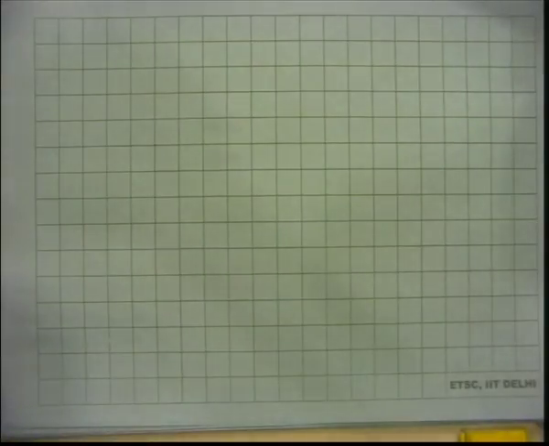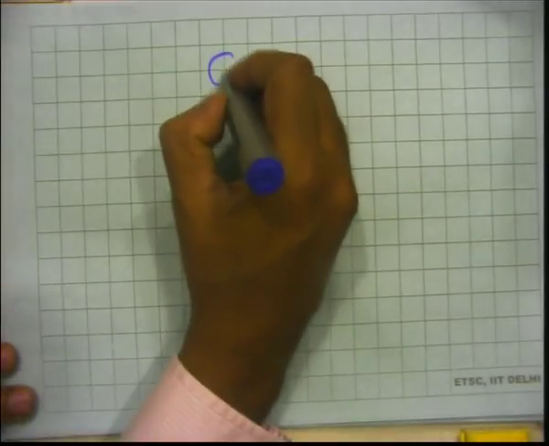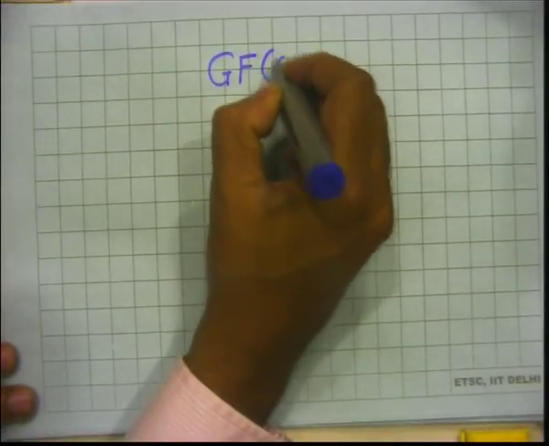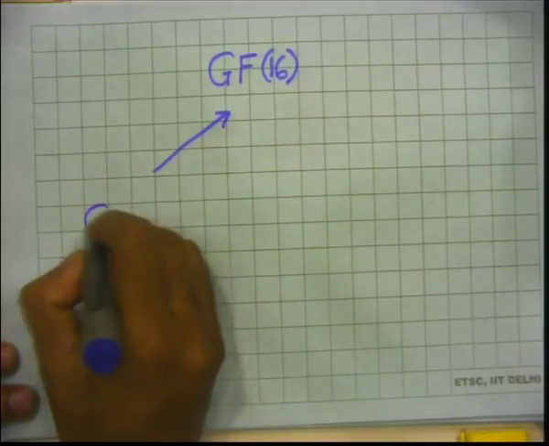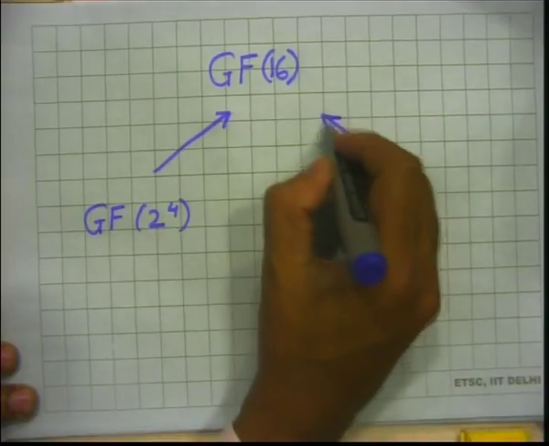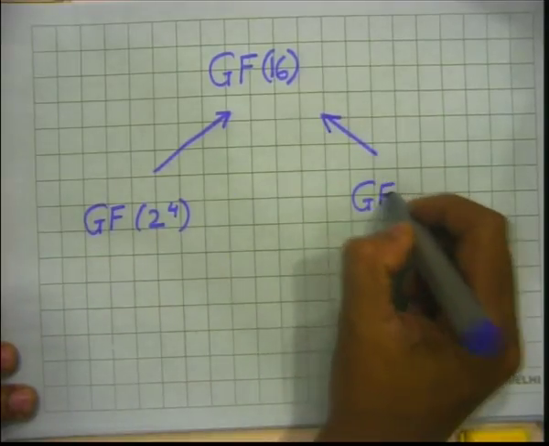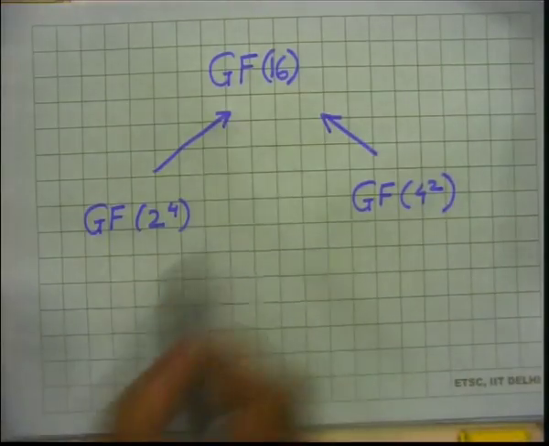We have constructed GF16 using two methods. Either you take GF2 and do prime power, or you take GF4.